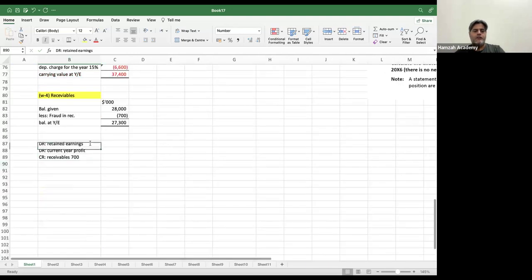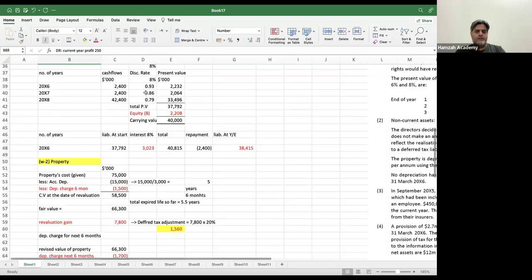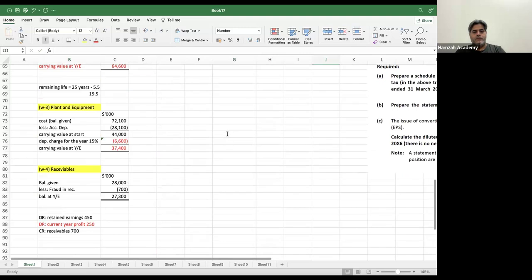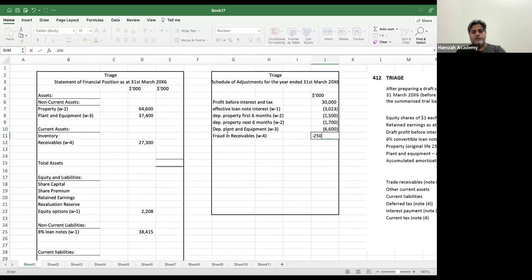So the 450 will be just on the retained earnings and 250 is going to be adjusted in the current year. So this is what I have to do, the adjustment in the current year over here, right? So I'm going to go in and I'll write fraud and receivables working for, and the current year profit is going to be adjusted by 250.